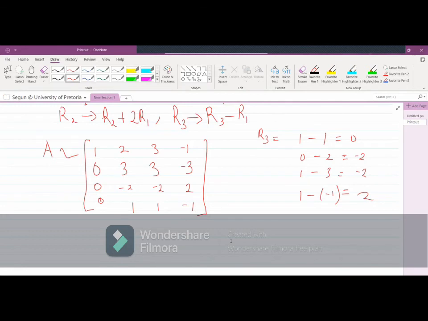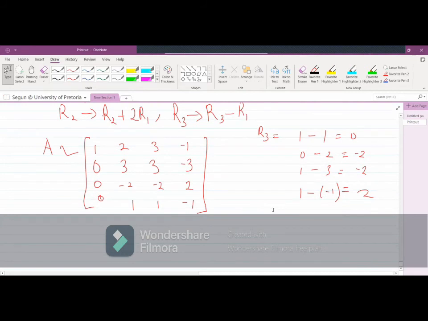Now, we need to also work on how do we make R2 and R3 to be zeros? How do we make it to be zeros? Let's check it. R2 and R3.